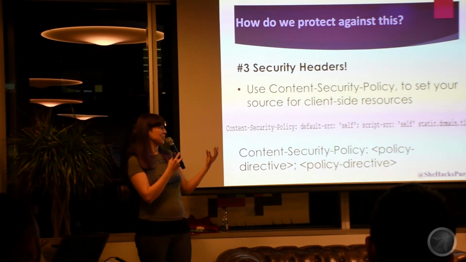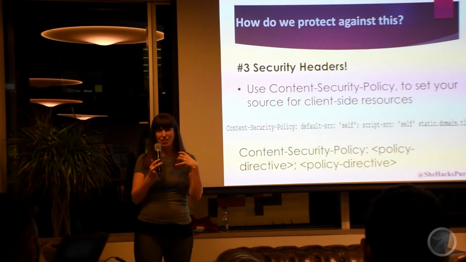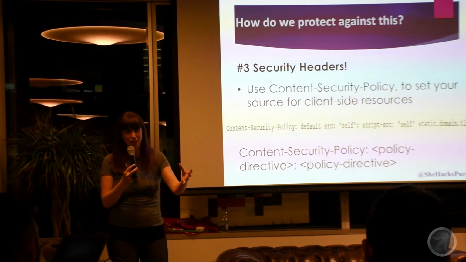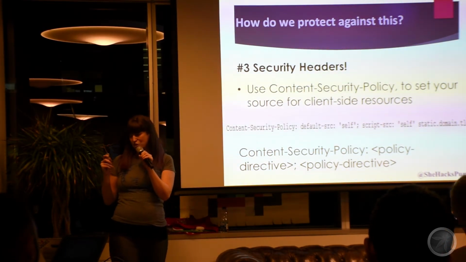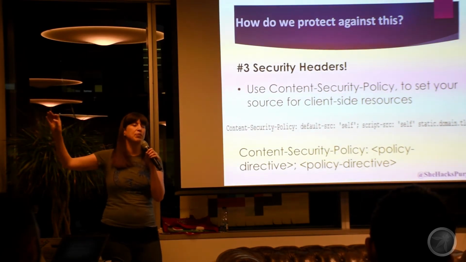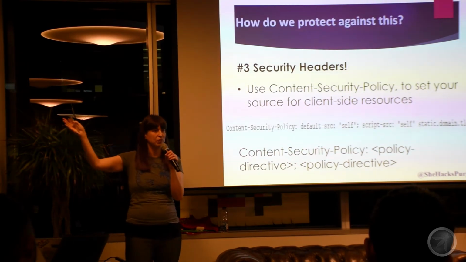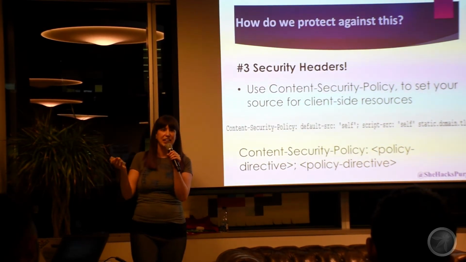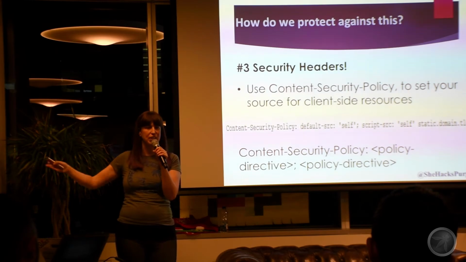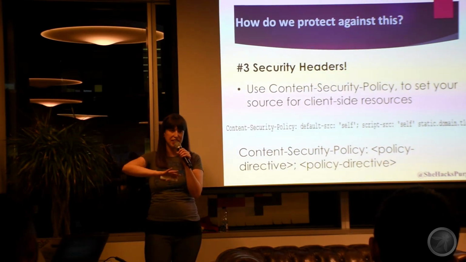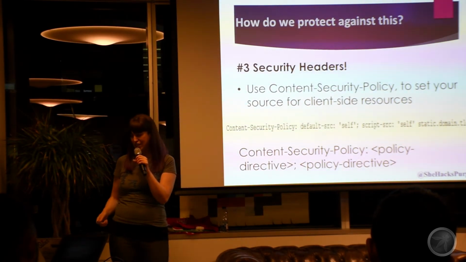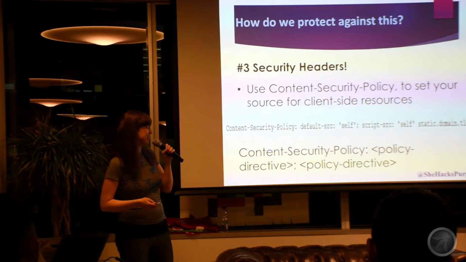Set your source to self, unless you know you need to include scripts from somewhere else. You can set it to a specific domain, like we'll accept scripts from me, and we'll accept scripts from, I don't know, Google, let's say, or the government has a toolkit for web experience, so from there or from me, and that's it. Those are the only scripts we're allowed. This will protect you against quite a lot of things, and it's kind of awesome.